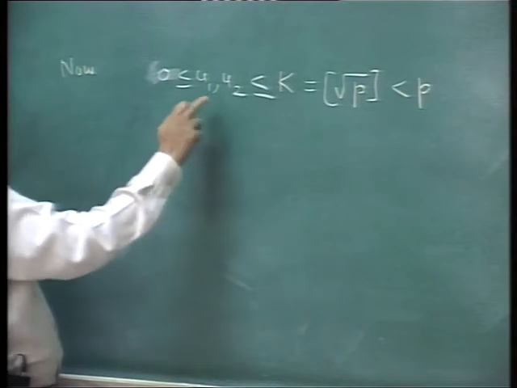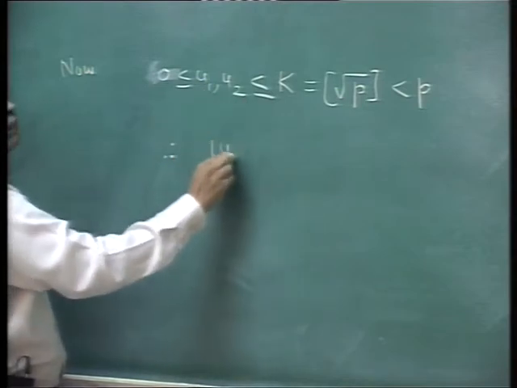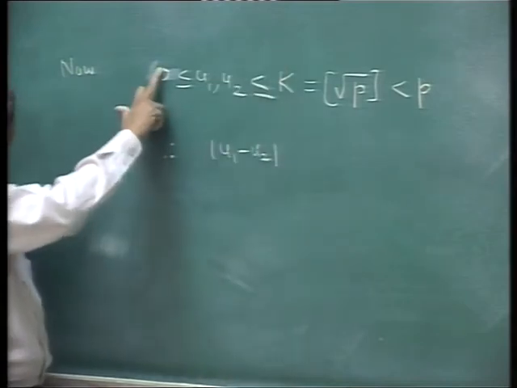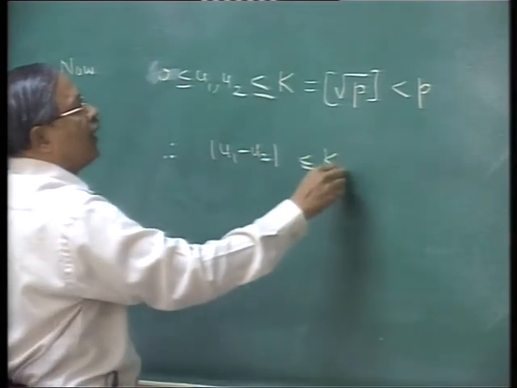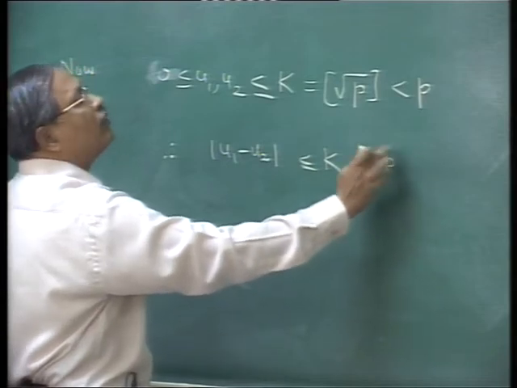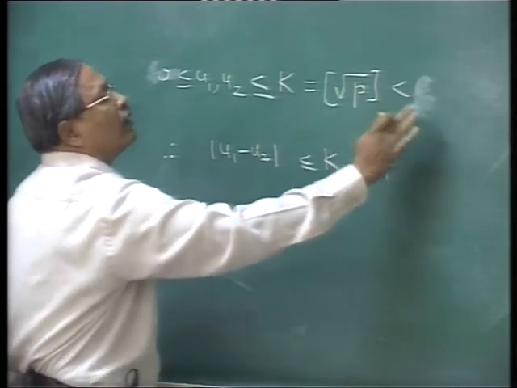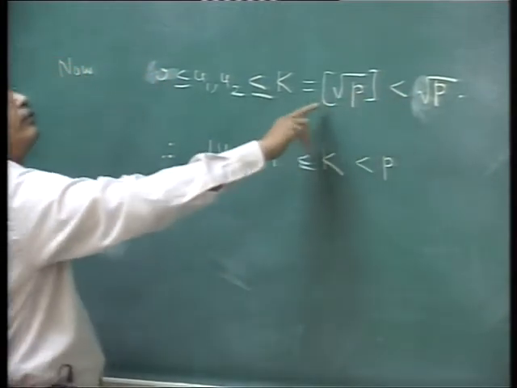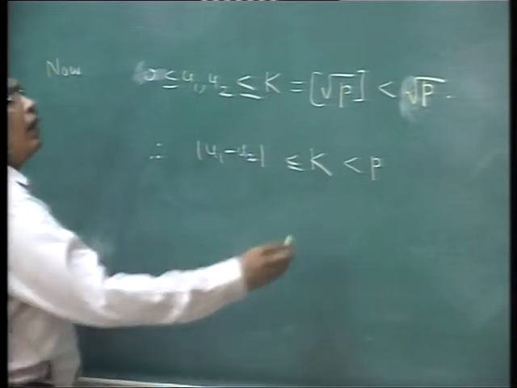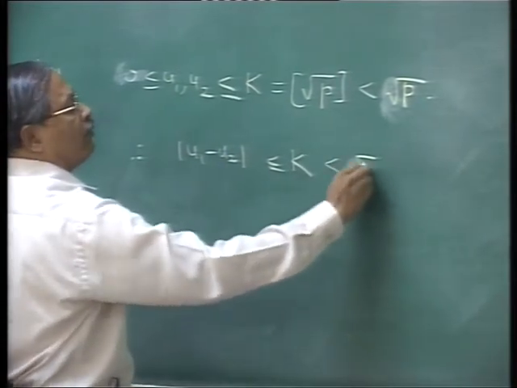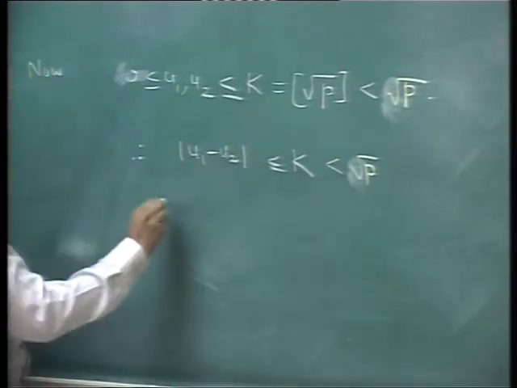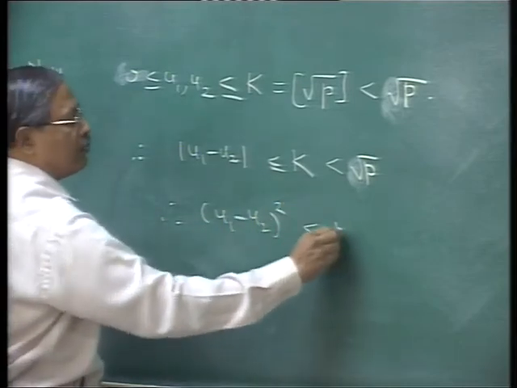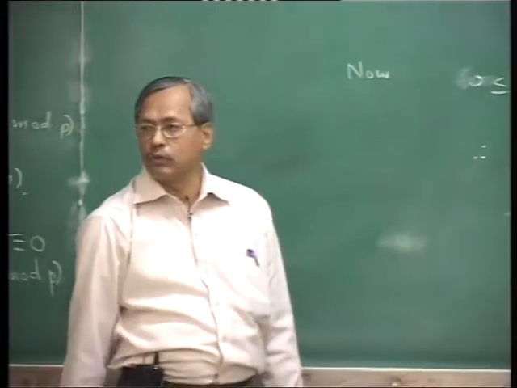Therefore, |u1 - u2| is at most K, and K is less than root p. See, root p is not an integer, therefore the integral part is strictly less than root p. Now, if you take the square, (u1 - u2)^2 is less than p.